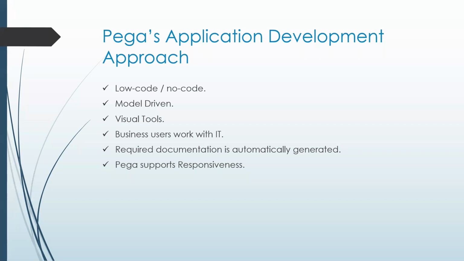Two or three resources would sit and start working on the documentation, which may not be that fruitful. With Pega, you get to generate your documentation, and Pega supports responsiveness. Responsiveness is related to the different devices on which you try to access the application.